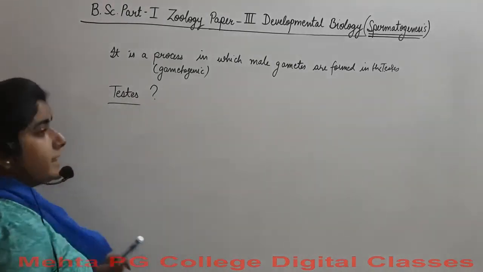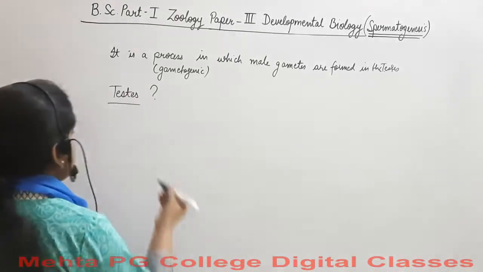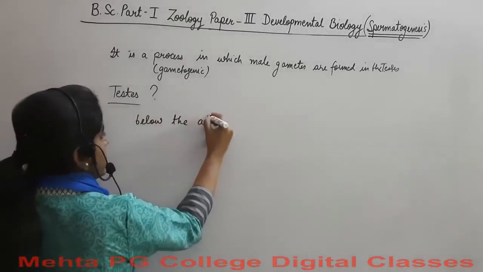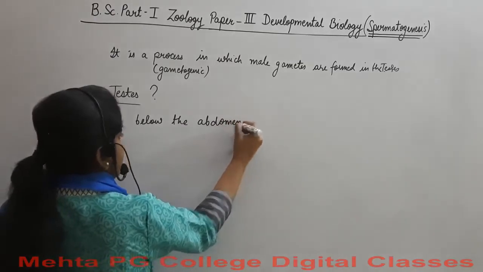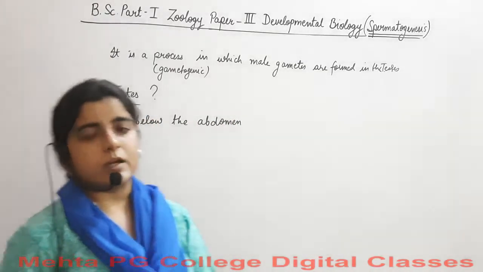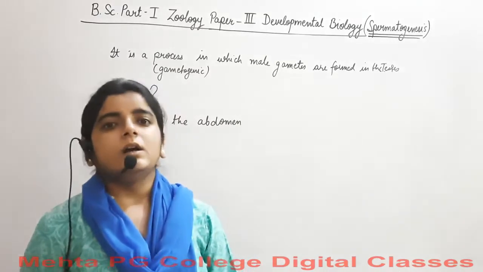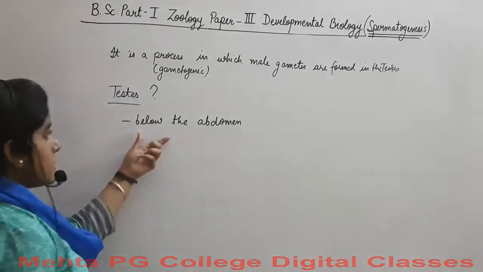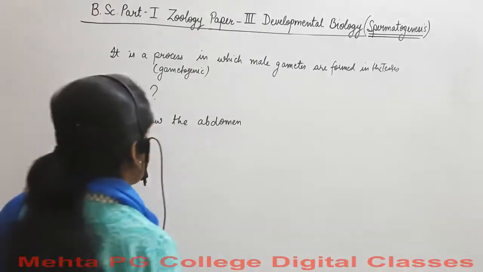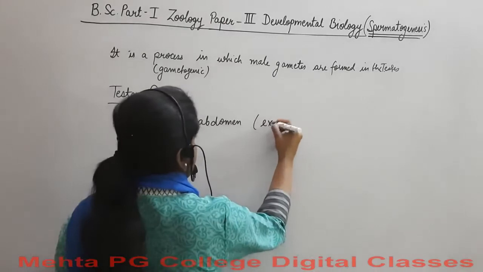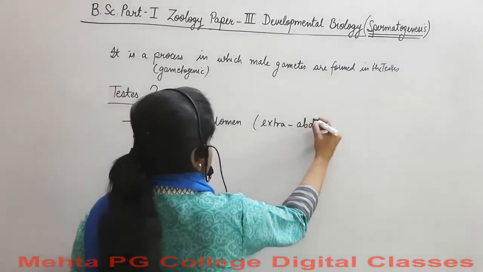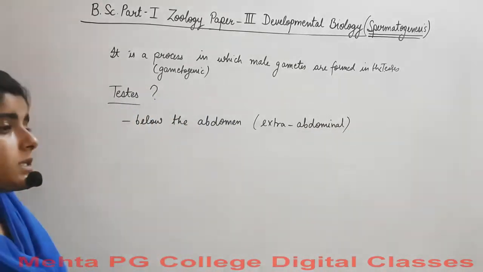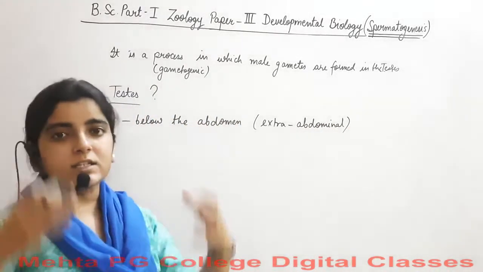So, firstly, where are they located? They are just located below the abdomen portion, right? And in some organisms they are located nearby the abdomen region, or in humans below the abdomen region. That is, we can say extra abdominal portion. Why are they descended down?